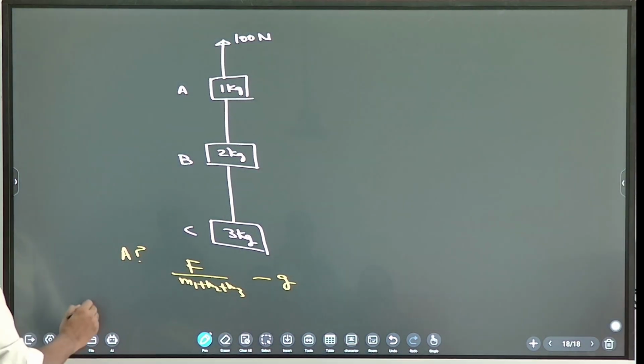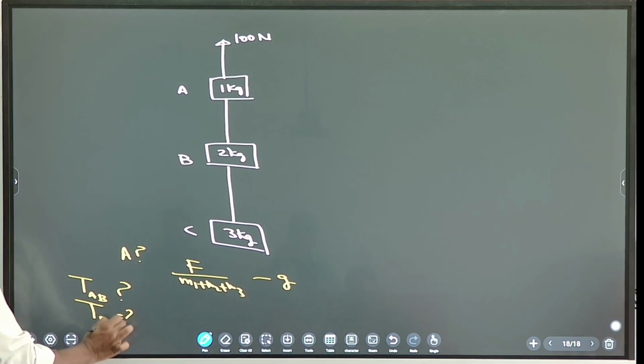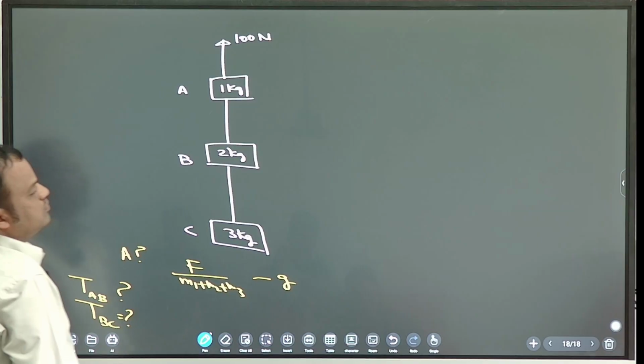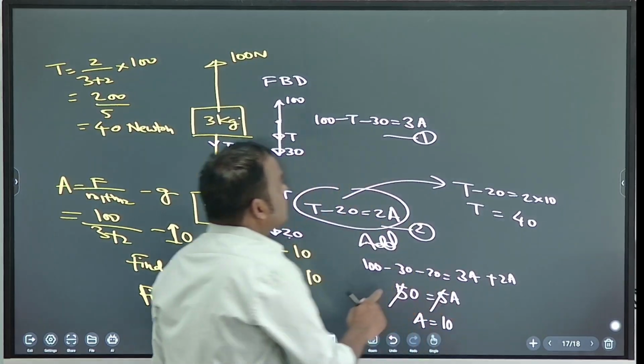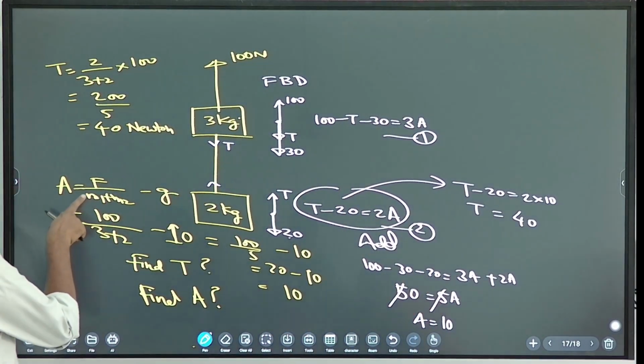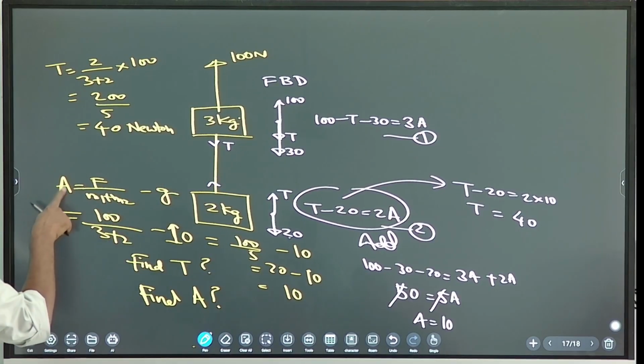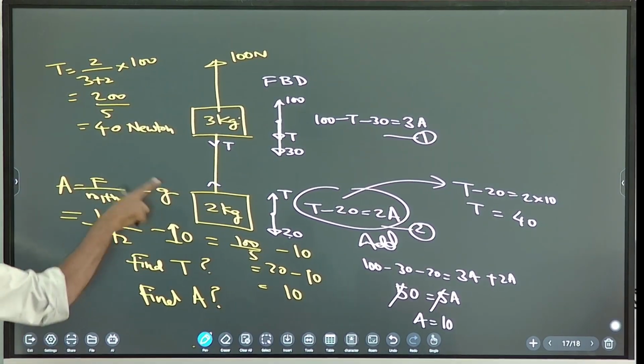And then find the tension between A and B, and the tension between B and C. When two blocks are there, the acceleration formula is F by m1 plus m2 minus g.